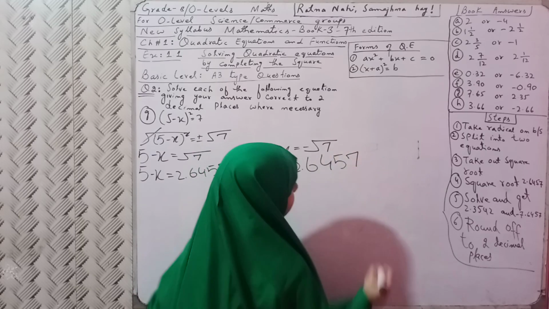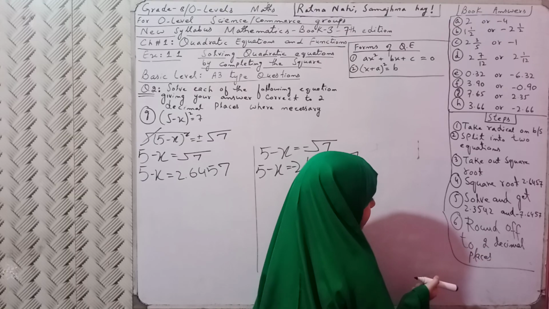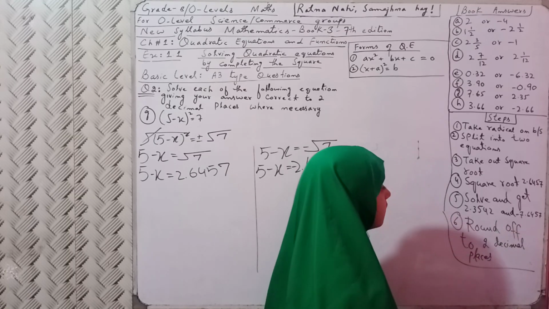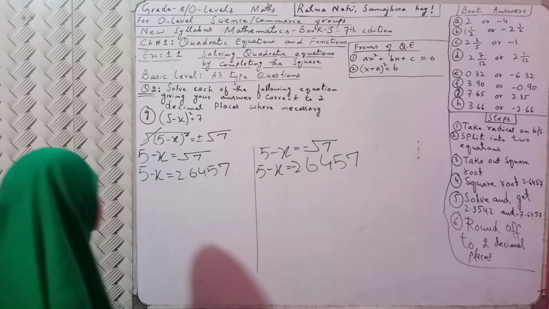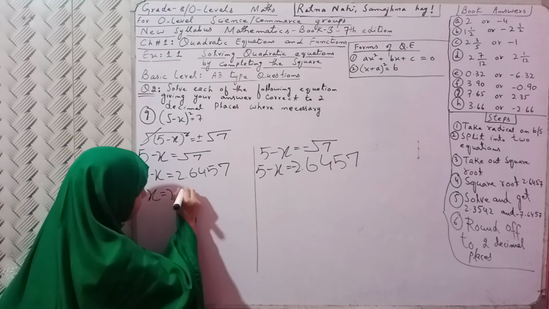Now solve and get 2.35 for the first and 7.6457 for the second. This 5 will go there, it will become minus 5.